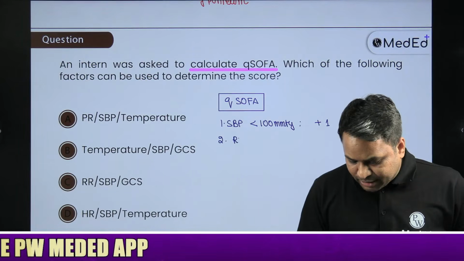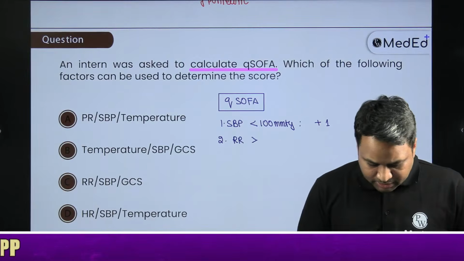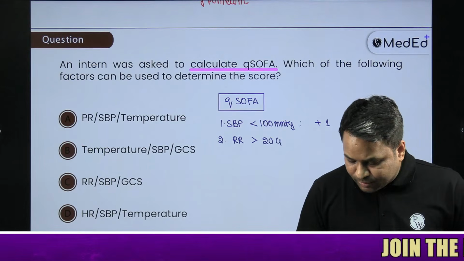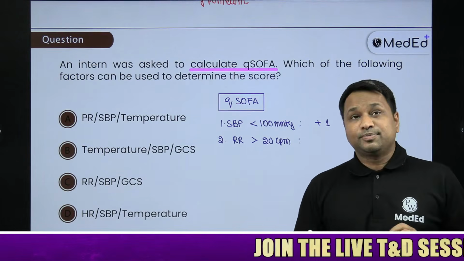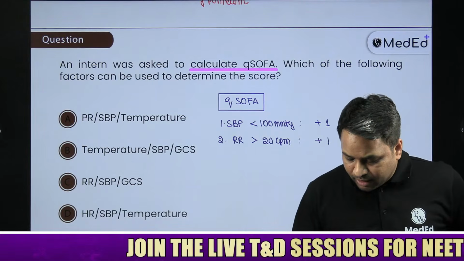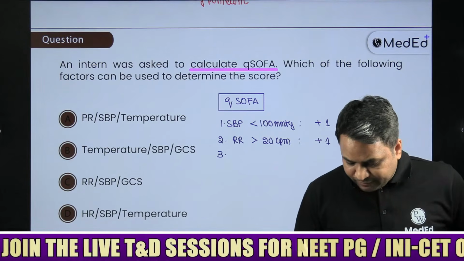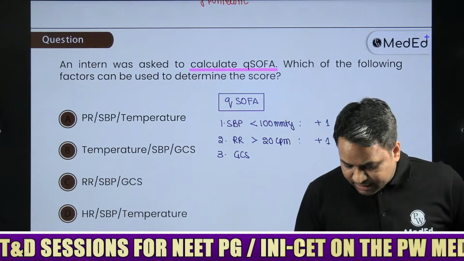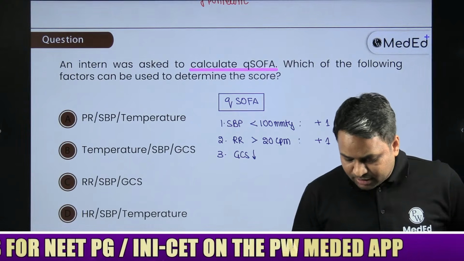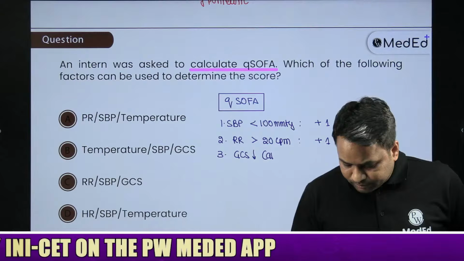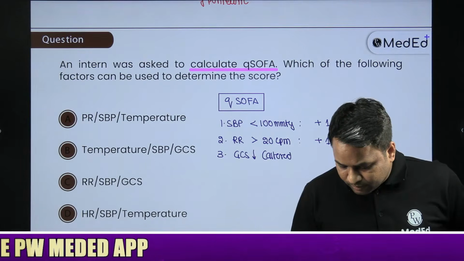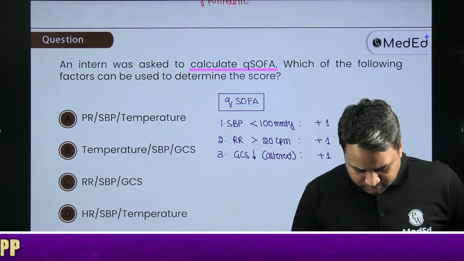Second is respiratory rate, if it is more than 20 cycles per minute. Remember, in systemic inflammatory response it is 22, here it is 20, a score of +1. And if there is decrease in GCS, that is altered sensorium, a score of +1.